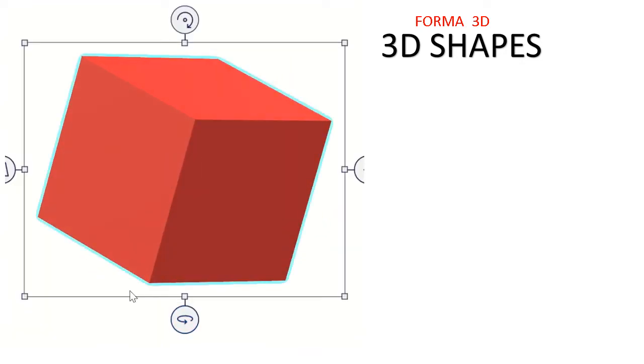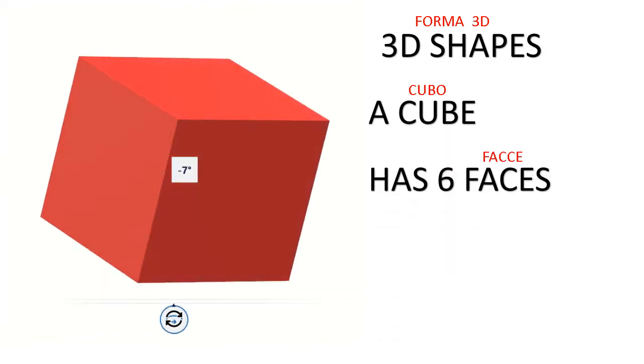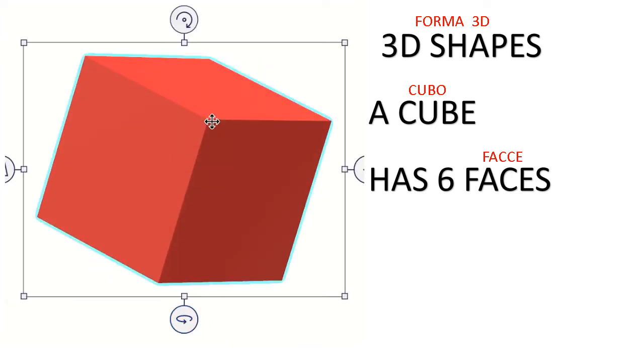Do you remember the name of this shape? This is a cube. A cube has square faces, and all the faces are flat, which means that they are not curved.